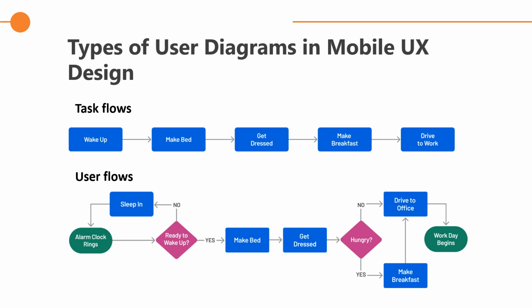They're sequential, a series of steps that take a user from the beginning to the end of the goal. And it's very simple. Task flows tend to be straightforward, and they don't branch out with any options or decision points. They're useful for ensuring that you're designing sequentially and thoroughly.